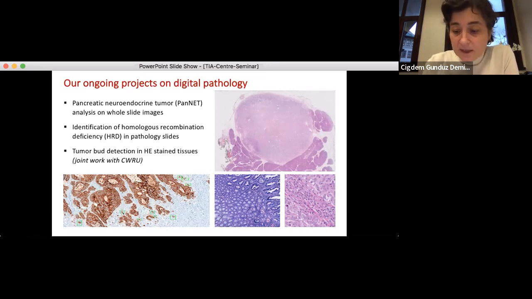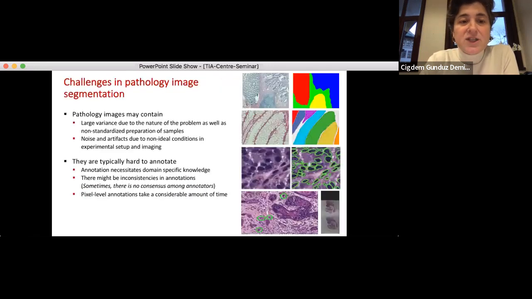In general, segmenting pathology images has its own challenges. First of all, these images may contain large variances due to their nature or due to the nature of the application. Additionally, there could be some variance, noise, and artifacts because of using non-standard procedures in preparing the samples or some non-ideal conditions in experimental setup and imaging.